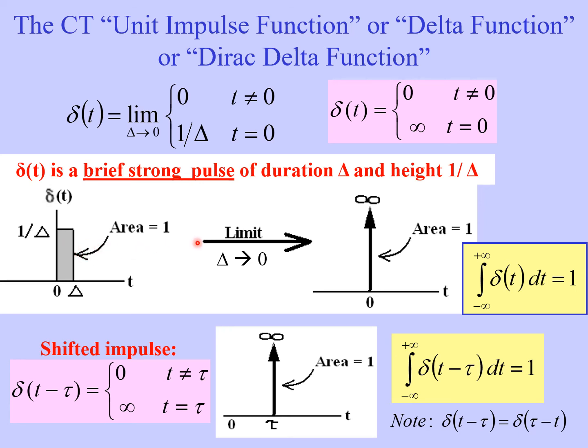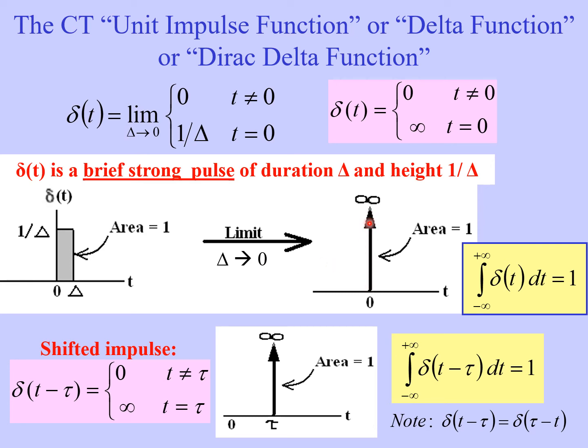So now let's take the limit as our delta gets smaller and smaller and approaches 0. So the width is getting smaller and smaller, and the height, 1 over delta, is therefore going to get larger and larger, but of course the area remains at 1. So in the limit, remember our delta function is defined as the limit as delta approaches 0, we end up with this spike here.